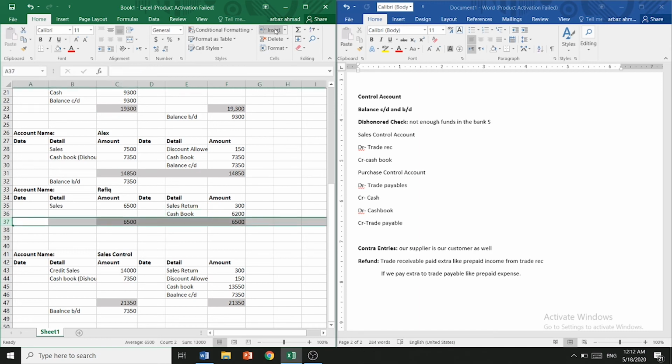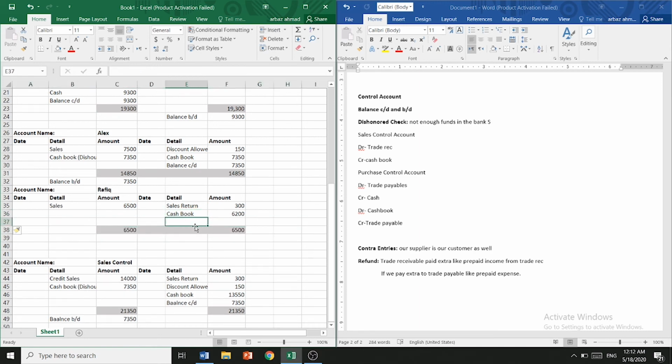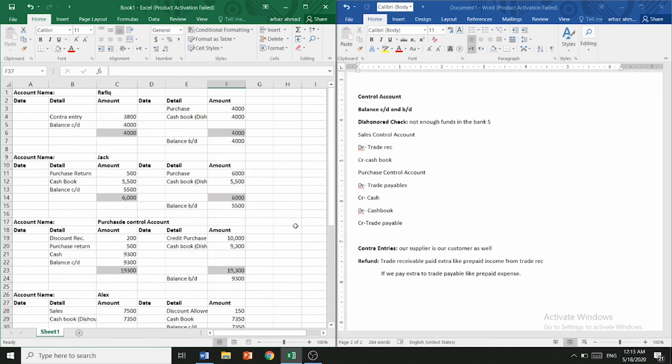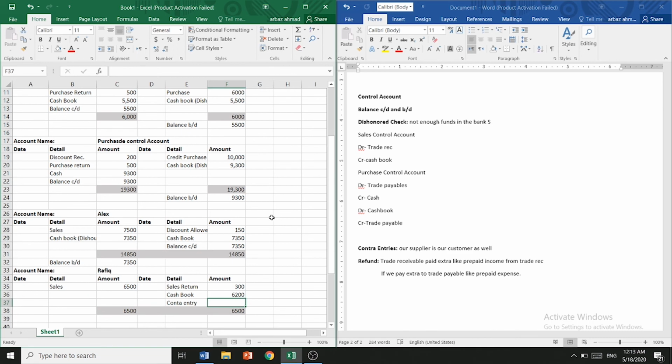I need to include one line over here, so it means contra entry here. So 3800 minus 6400 will be how much? 3800 will be 2400. So he will pay me 2400 only, and the contra entry is for 3800.